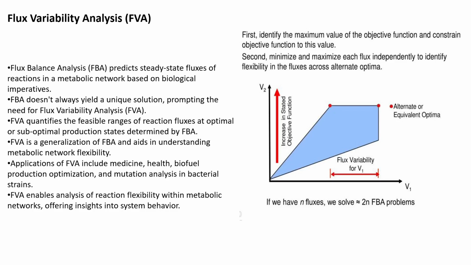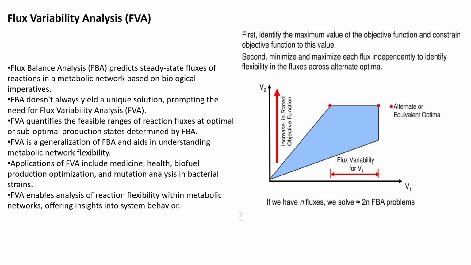Now these solutions that you are getting from FBA were very rigid. They were particular values. Now there is some variability associated with those results as well. That is what FVA in principle does. Flux balance analysis predicts steady state fluxes of reactions in a metabolic network based on biological imperative.